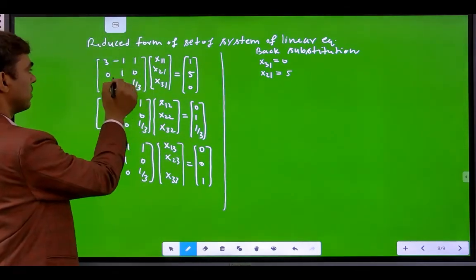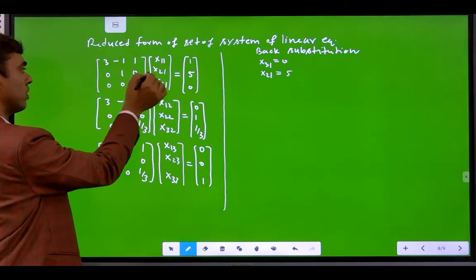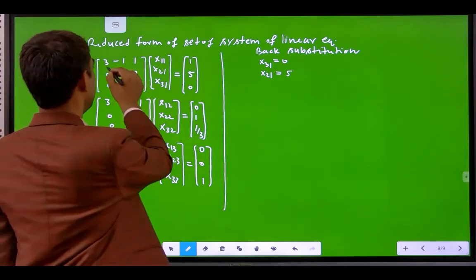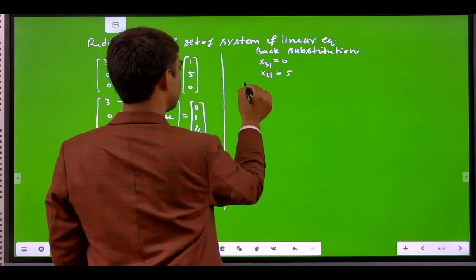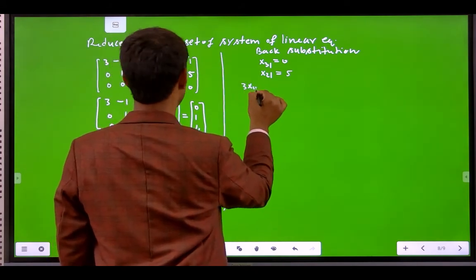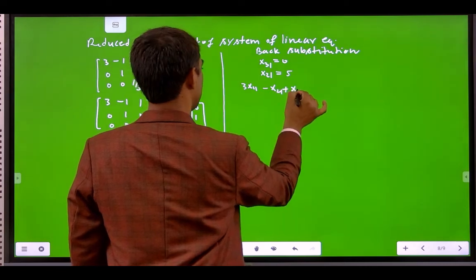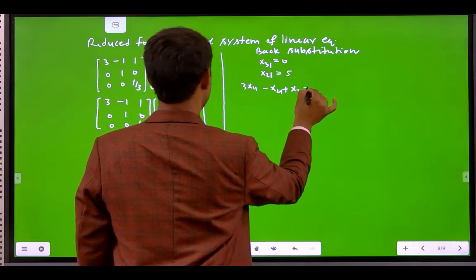Because here we multiply 0 into x11, 1 into x21, 0 into x31, then we find the value of x21. Now if we multiply this one, it is 3x11 minus x21 plus x31 equal to 1.